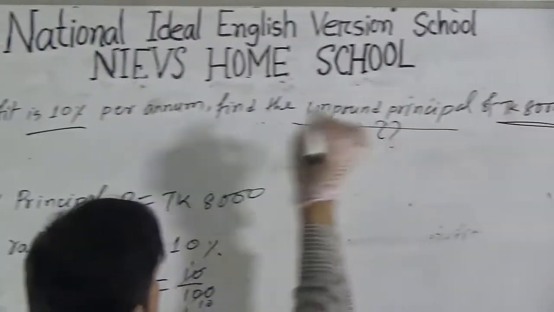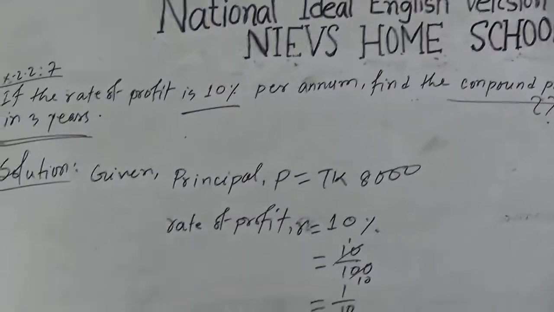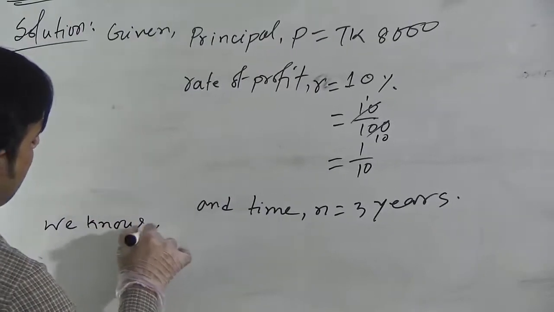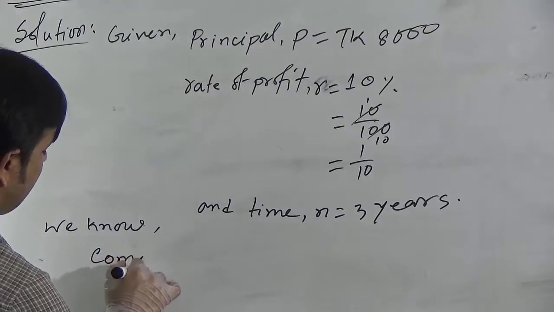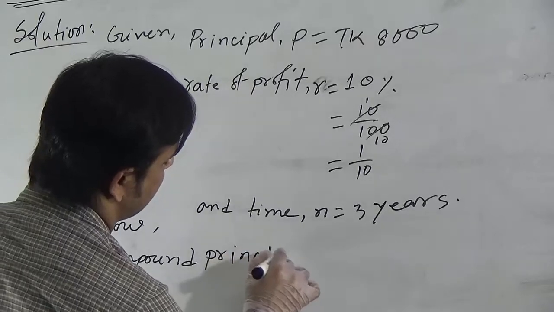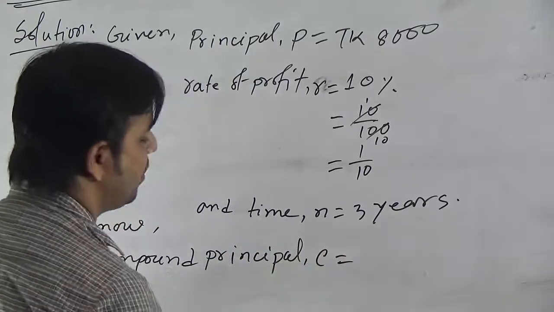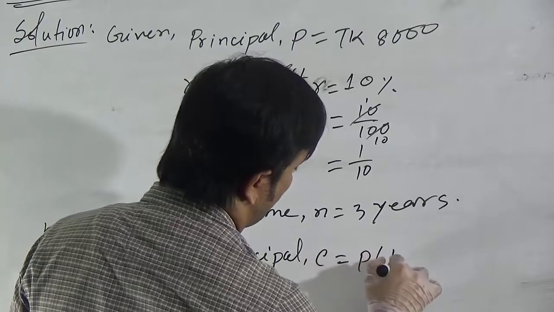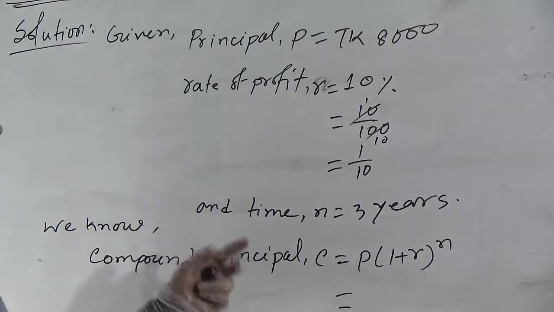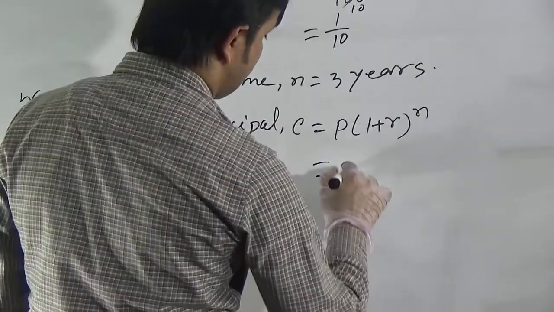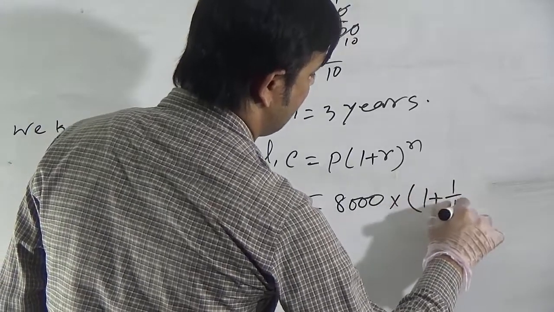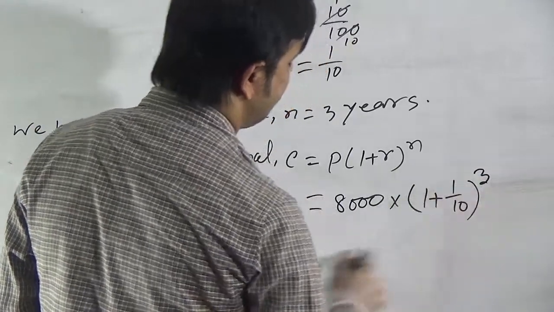We know the formula for compound principal. So we can write we know compound principal C equal to P into 1 plus r whole to the power n. Now put the value of p, r and n. P means 8000, r means 1 by 10, n means 3 years.